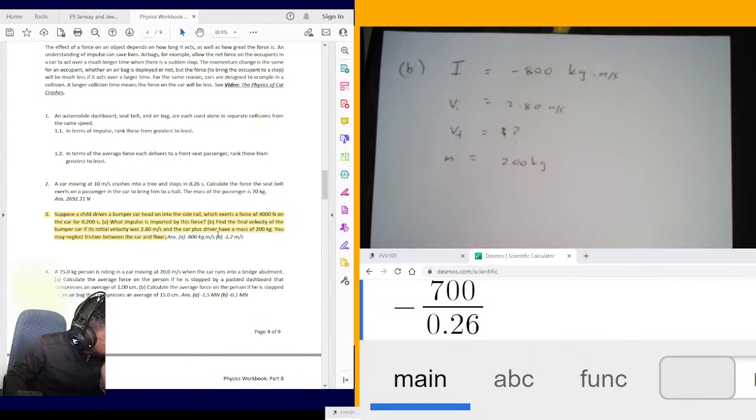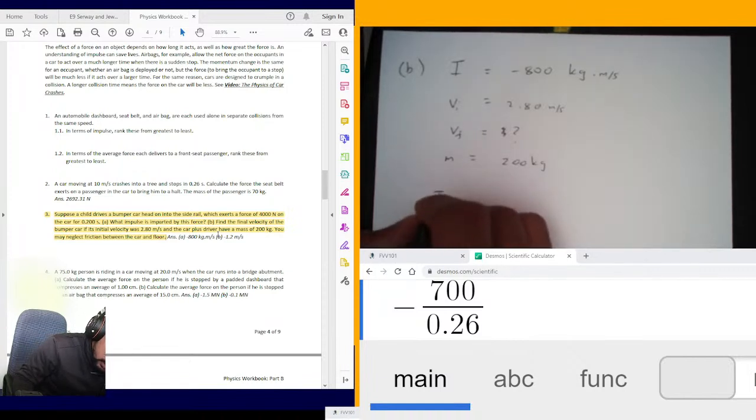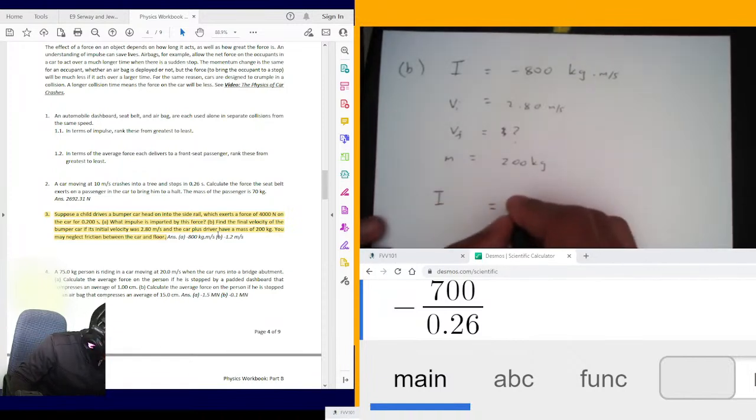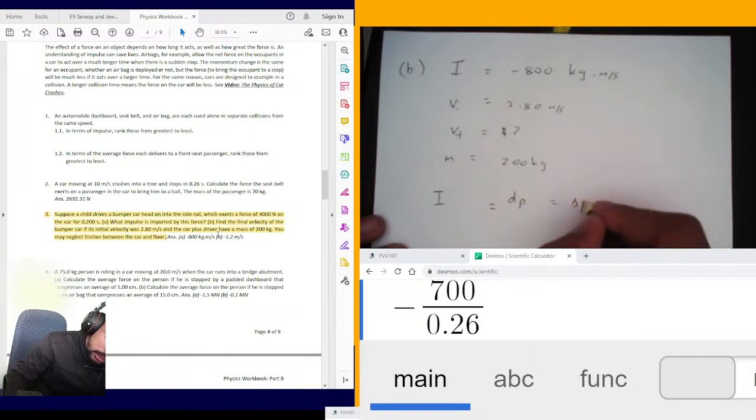Okay, so let's see. Impulse is equal to the change in momentum.